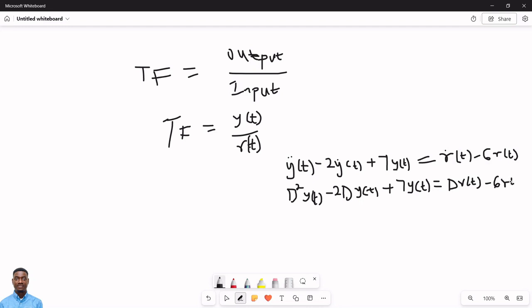So we have been able to rewrite this equation using the operator notation.